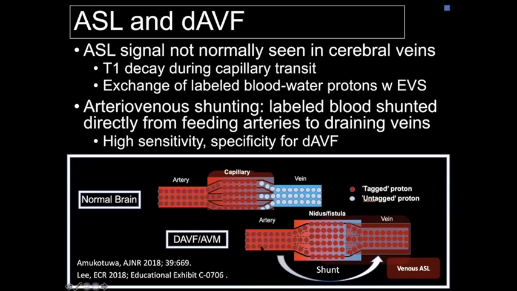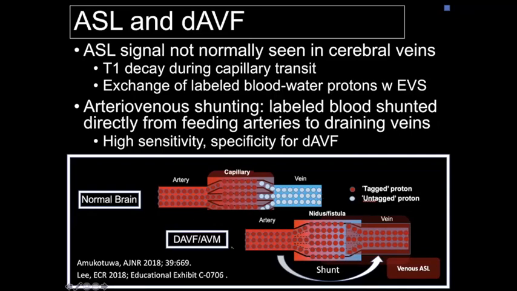Looking at this diagram to represent the same discussion diagrammatically from Dr. Lee from this nice exhibit from the 2018 ECR, here's the situation in normal brain. We have our tagged protons that go through the capillary bed. They experience this decay and exchange, and by the time we get to the venous side, our protons are no longer tagged.